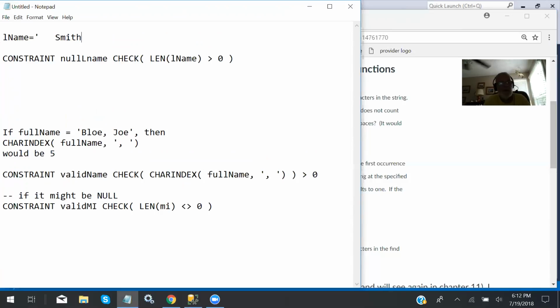Okay, so there are 3 spaces there. The length of this one would be 1, 2, 3, 4, 5, 6, 7, 8. If there were spaces after it, they would not count.